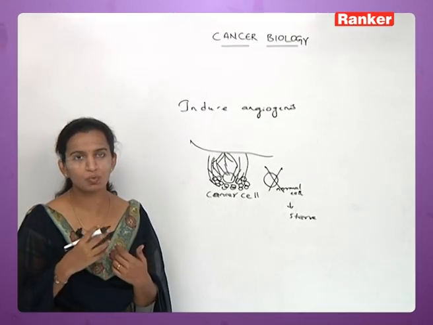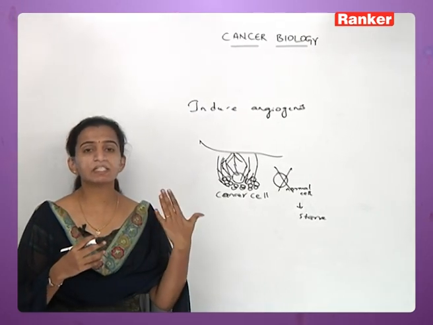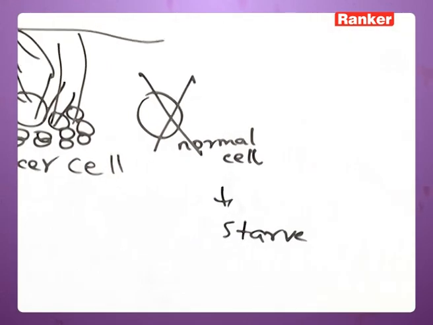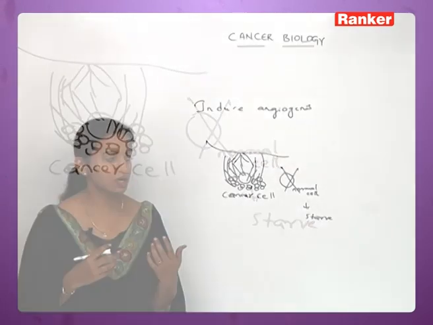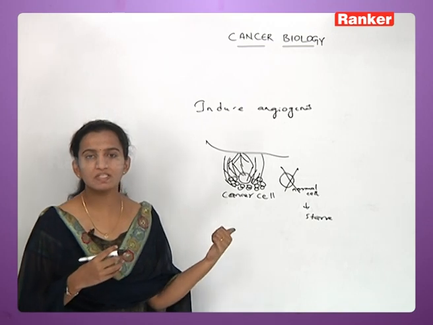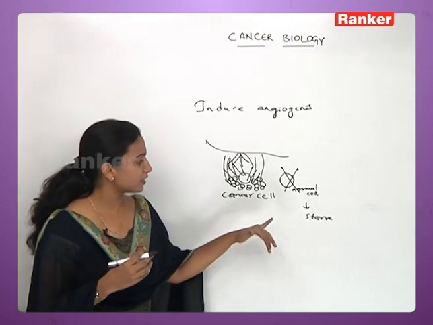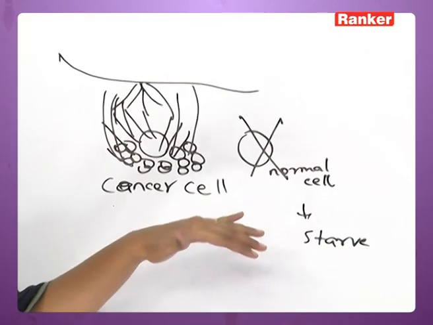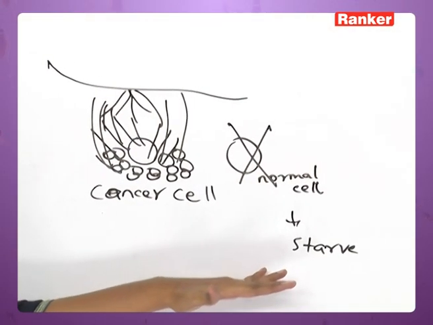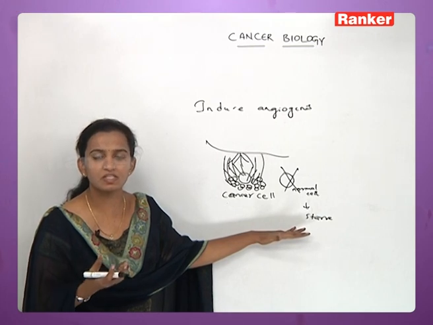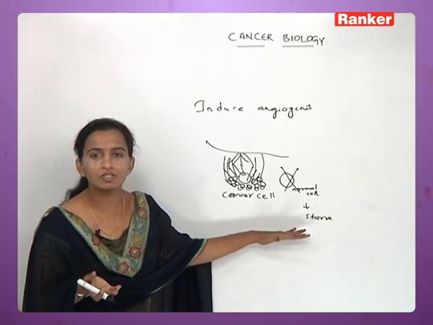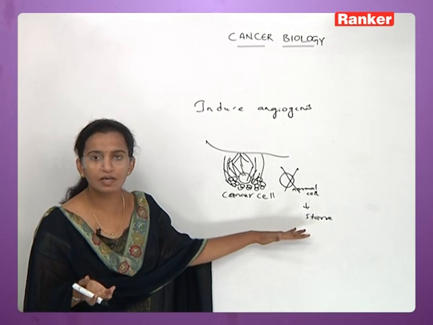In a cancer cell, what happens is that it makes the healthy cell starve, and one day they shrink out. But in the cancer cells, there is no use of these cells. They just grow on, and they starve the normal cell, and due to the starving, the normal cell loses its capacity to live and enters into a kind of apoptosis process.